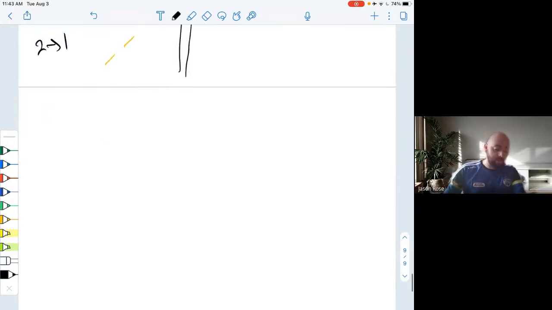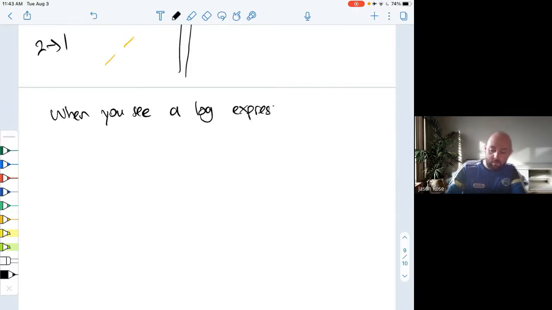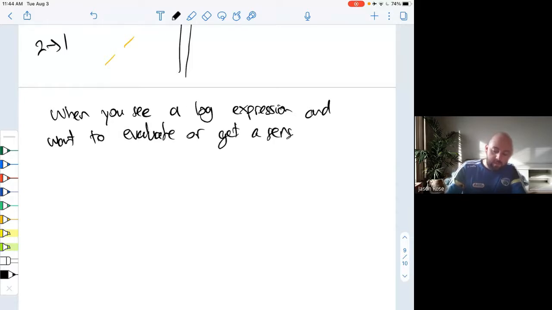And when you see a log expression and want to evaluate or get a sense for how big it is, or small, I guess, depending on it.